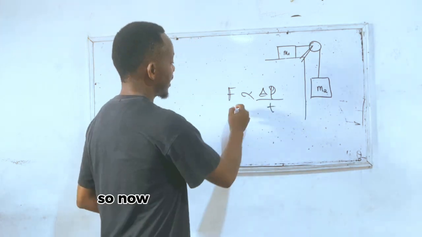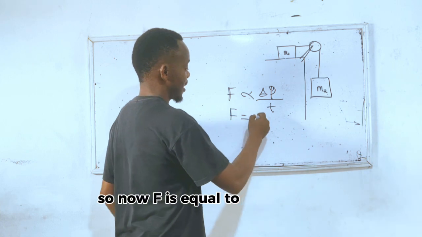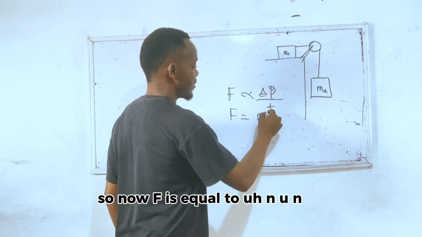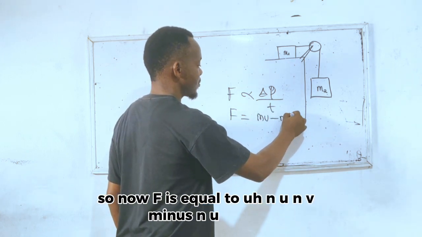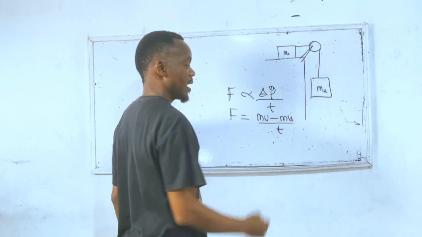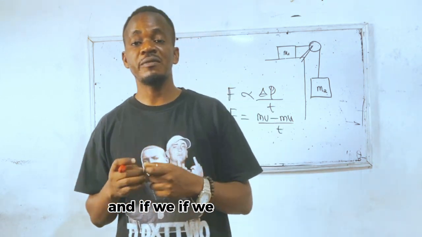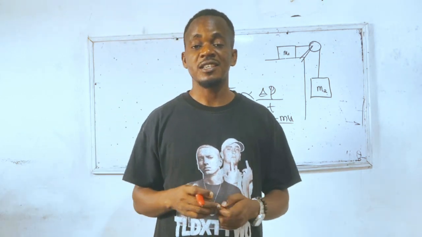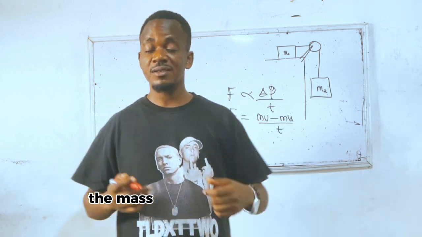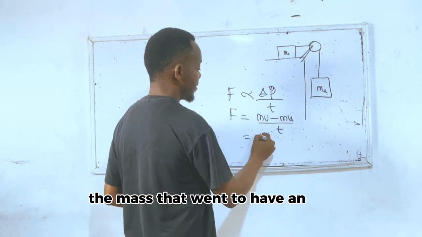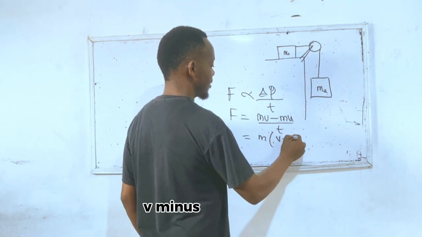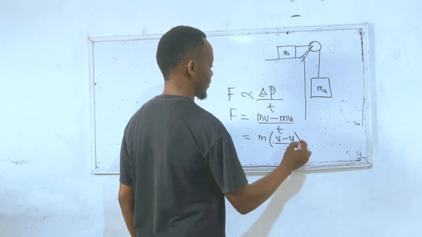So now F is equal to mv minus mu over t. And if we factorize the mass, we are going to have m in brackets, v minus u over t, right?